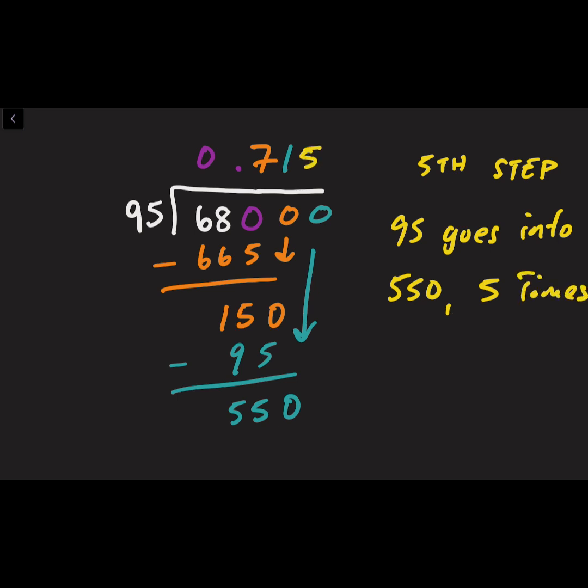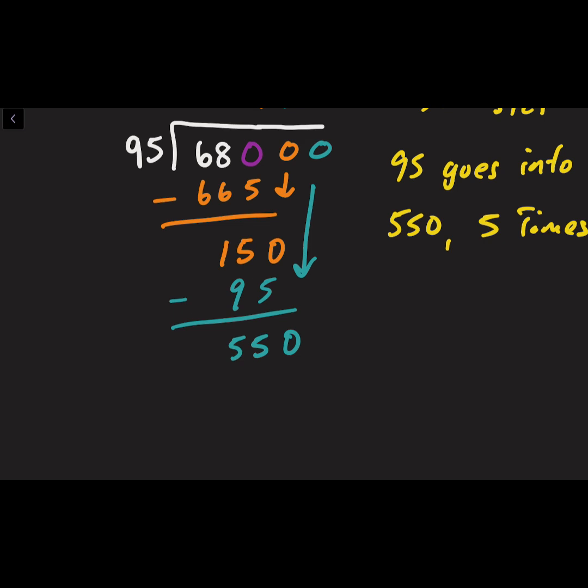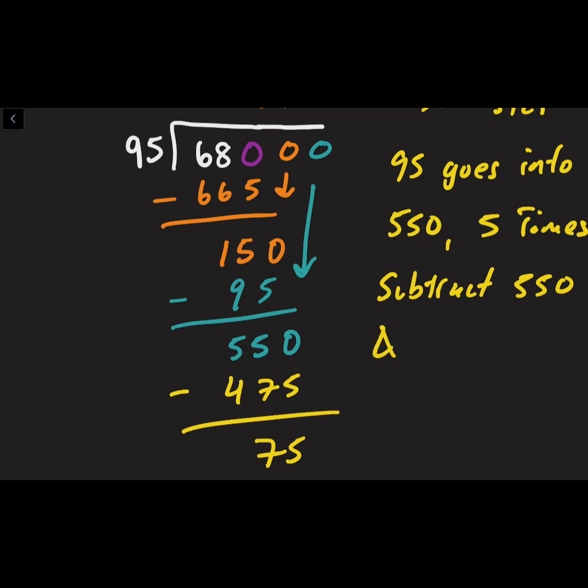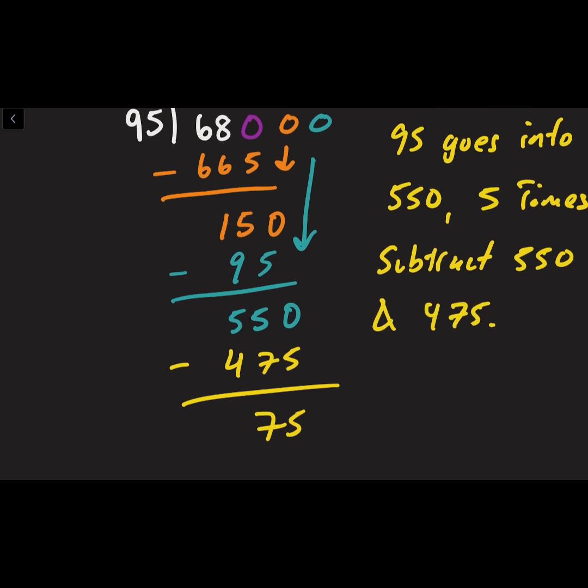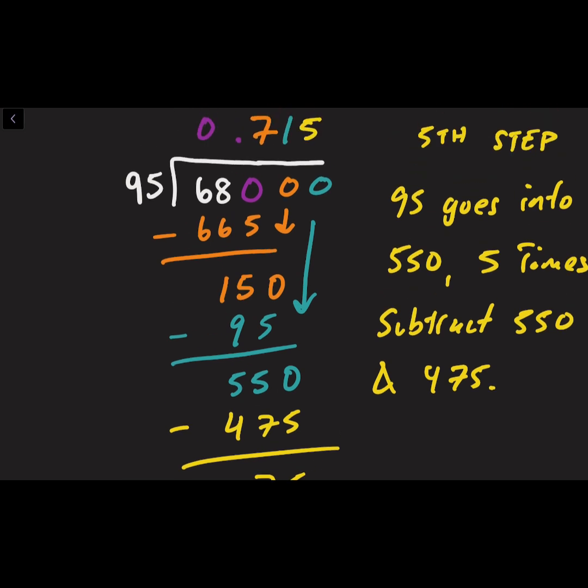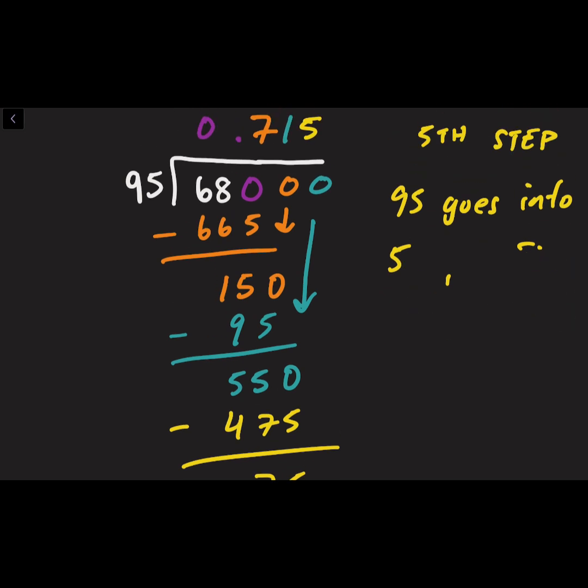We got 5, and that gives us 475. My bad, I was writing a little too fast, but it gives us 475. We subtract that, and this gives us a remainder of 75. We're going to stop right here. As far as our subtraction goes, we have 3 decimal places, and that's all we need for right now.